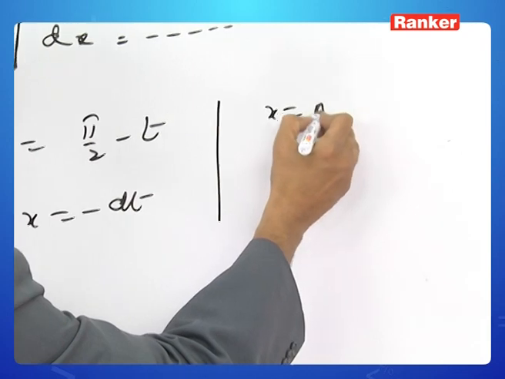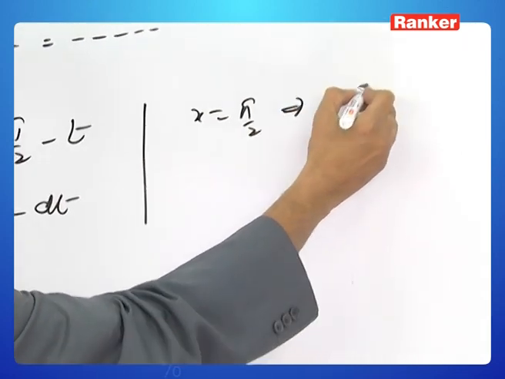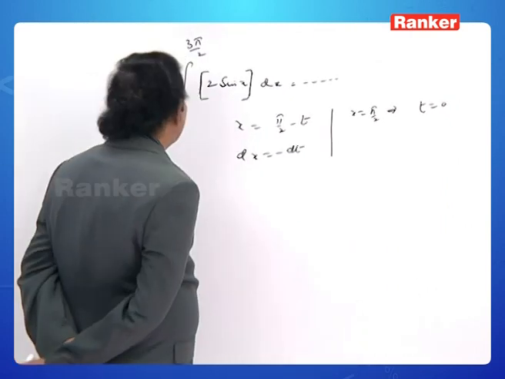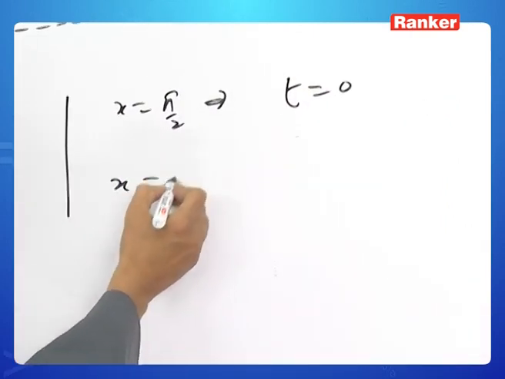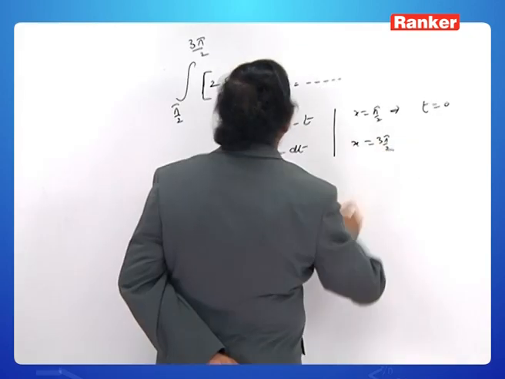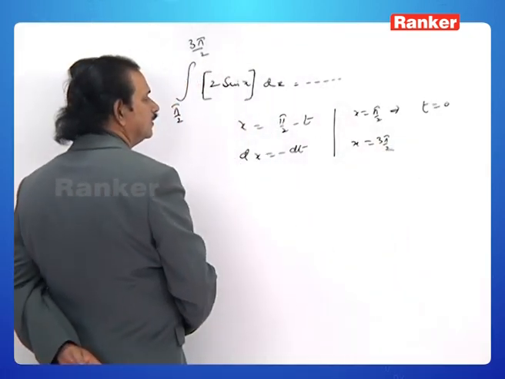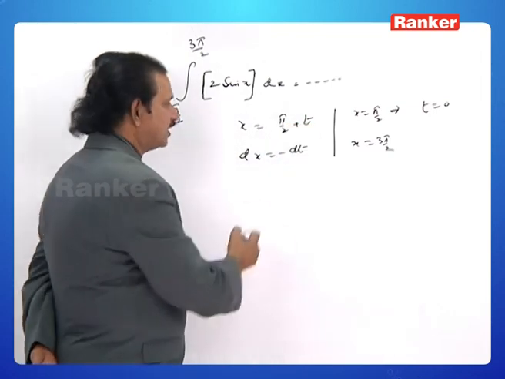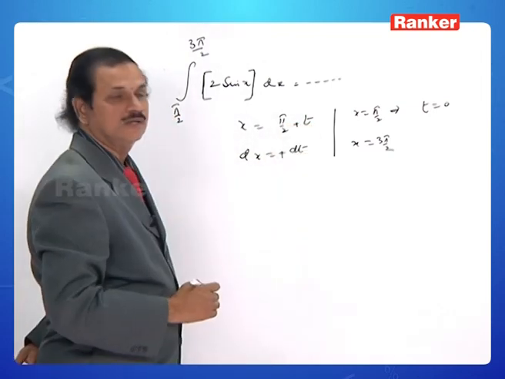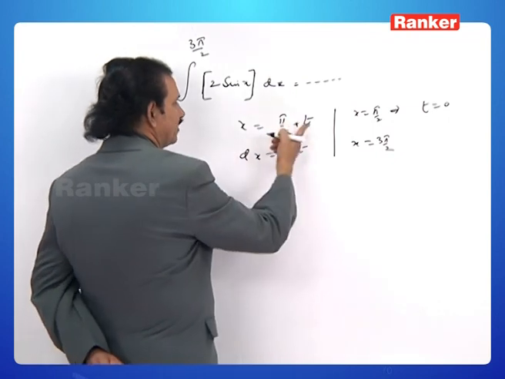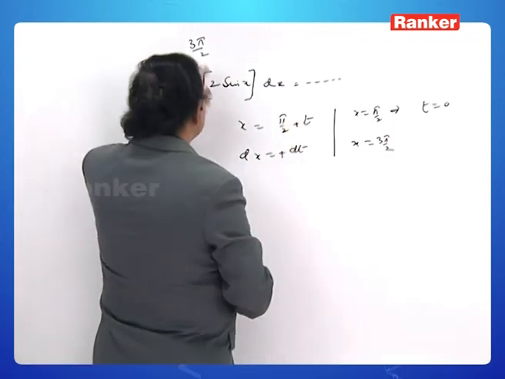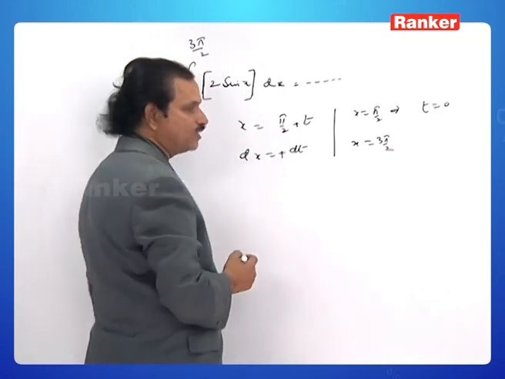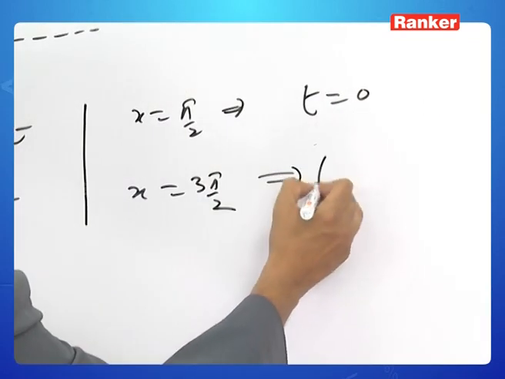x is equal to pi by 2 means t is equal to 0. x is equal to 3 pi by 2 means t is 3 pi by 2 minus pi by 2, that is 270 minus 90, 180, so t is equal to pi.